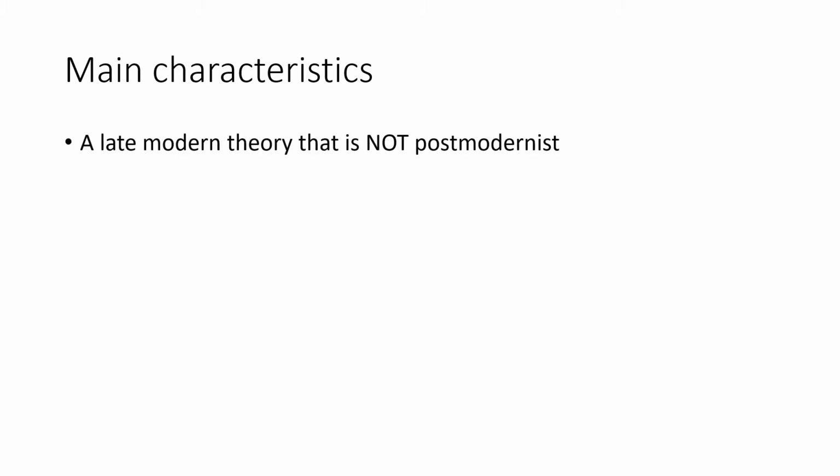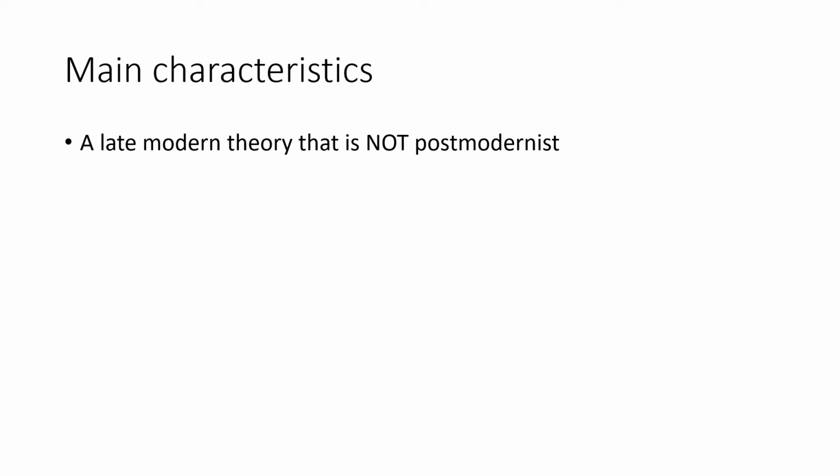So the main characteristics of this perspective include that, as I mentioned previously, it's a late modern theory, not postmodernist. So I'm going to say one more time that you have all of these theories that were created in the modern era. The modern era is from industrialization to the 1980s, according to postmodernists.